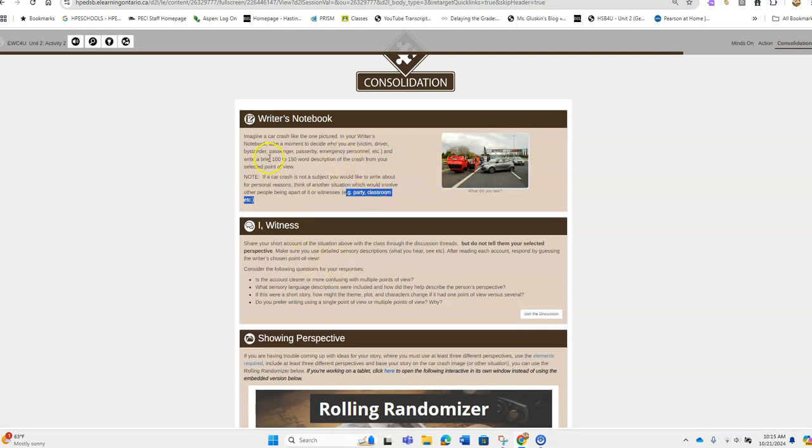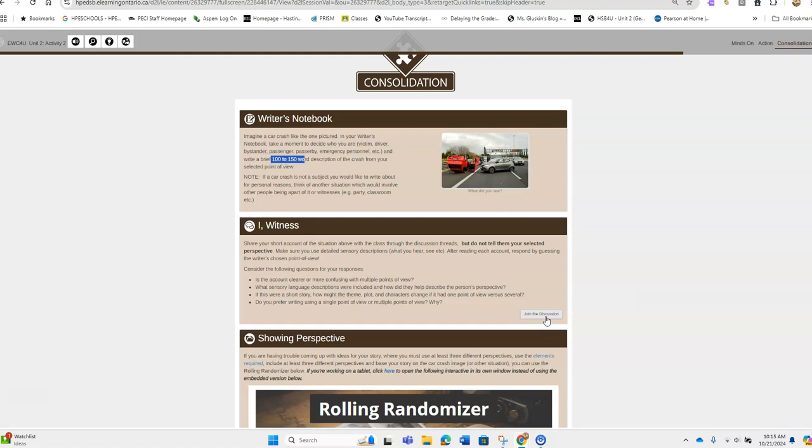You're going to write a 100 to 150 word description of what you witnessed or what you saw. And you're going to use these questions to make sure that you have your account properly typed out and that it makes sense. It would be good to get somebody else to read it first before you put it in there. Then you're going to go to the discussion.